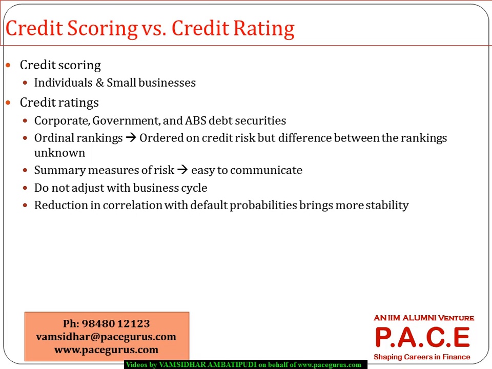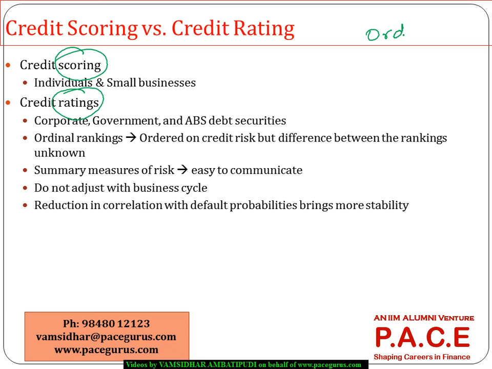So one form of measurement of credit risk that we typically see is models. The traditional models fall into the category of either credit scoring or credit ratings. These are very easy to understand models.